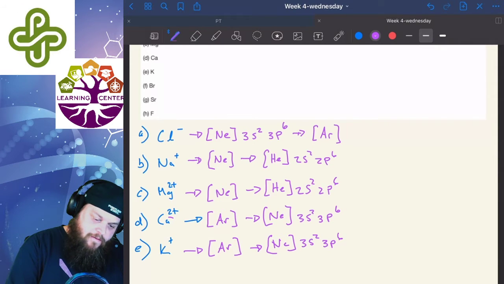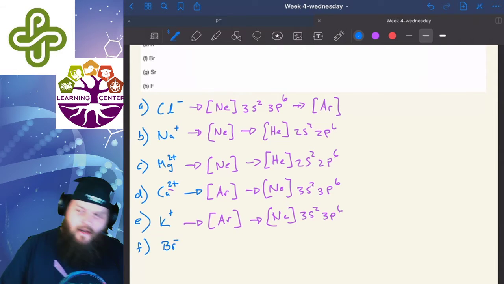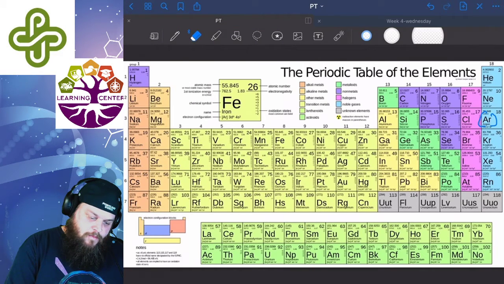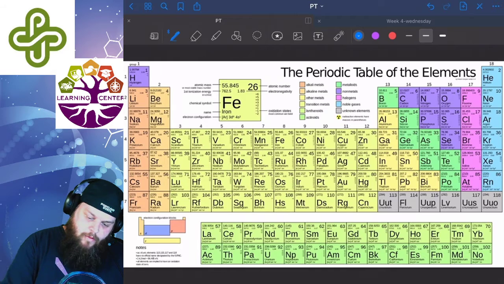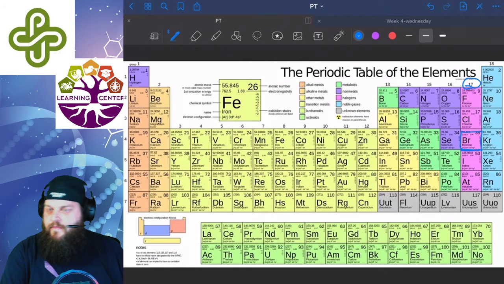For part F, F is bromine. So bromine ionizes with a minus charge. Bromine we can see is one of our halogens. Bromine is over here, number 35 on the periodic table, group 17.